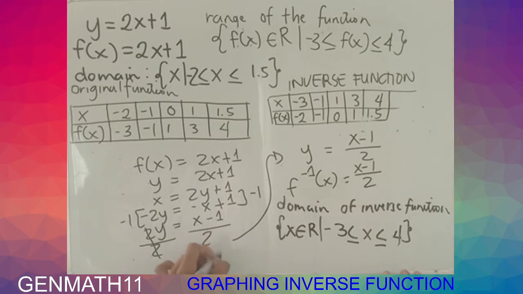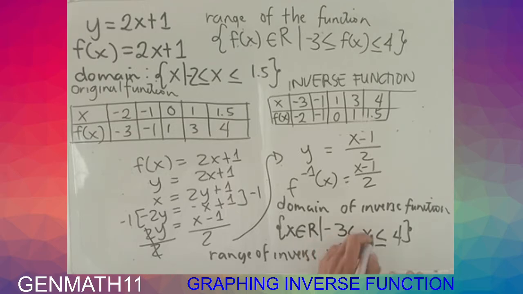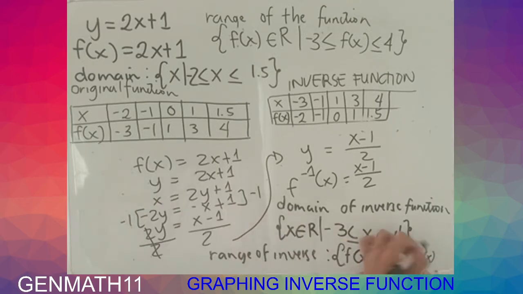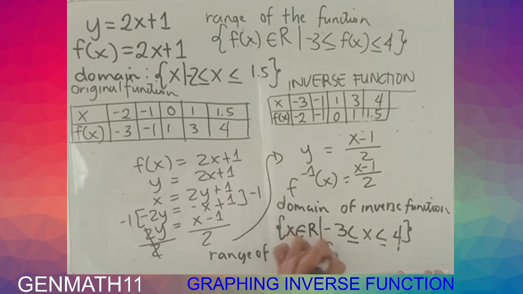Then, the range of the inverse will be x, y actually, no. Let's make it f of x instead. f of x, that's wrong. It is a set of real numbers such that f of x, it doesn't fit. Sir's handwriting is big. f of x.